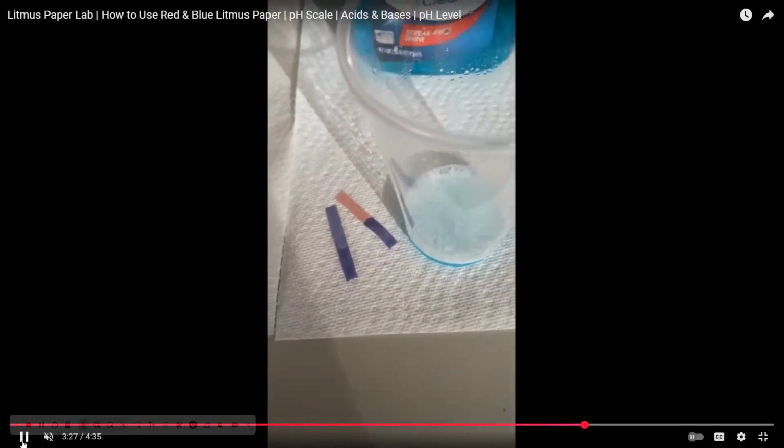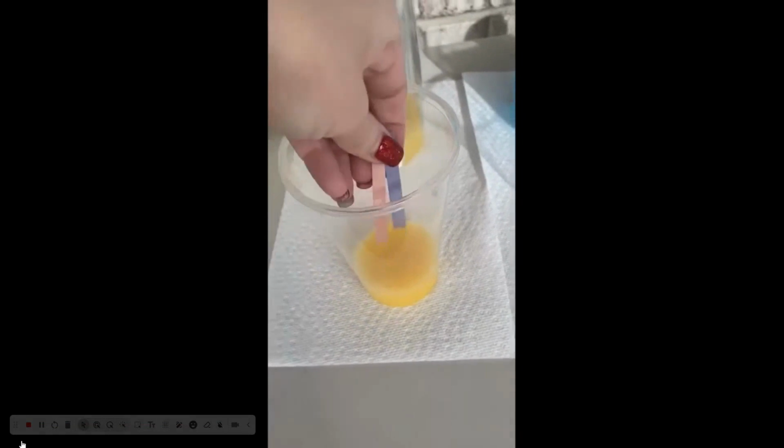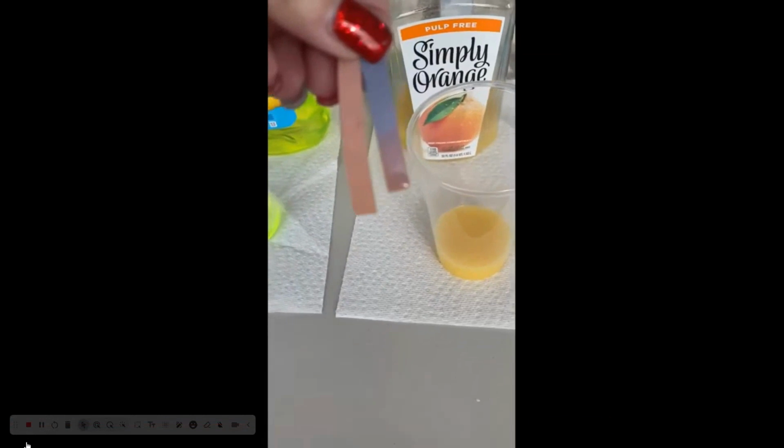Red litmus paper turned blue, B for blue for base. Glass cleaner is a base. We have orange juice now. So as you can see, blue litmus paper is turning a little bit red, so this is a little bit acidic.